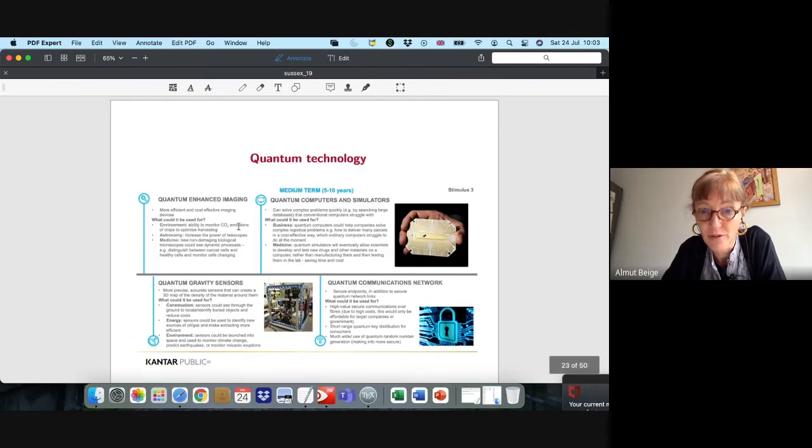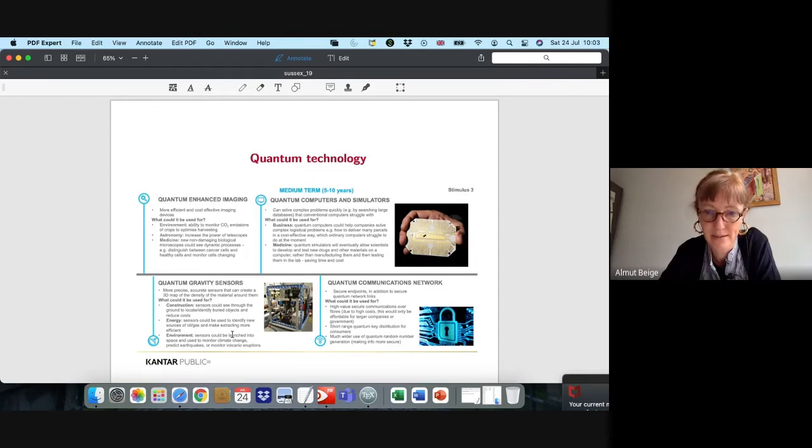So quantum imaging, especially for medical applications, I think is an application that hopefully will help, especially now in times of COVID. Hopefully it will become much easier to detect viruses, but also to detect things like glucose for people with diabetes.